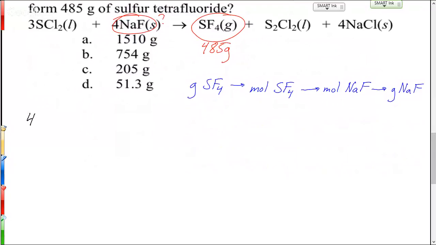So in this case, we're starting with grams of SF4, so that's going to be 485 grams SF4. And then we're going to get rid of our grams of SF4 and get moles.